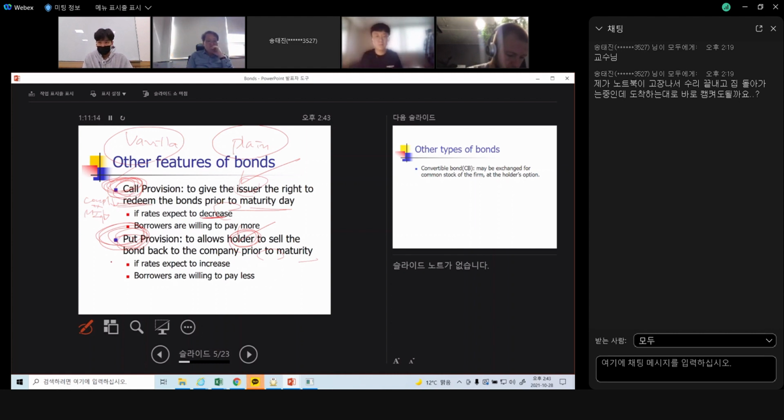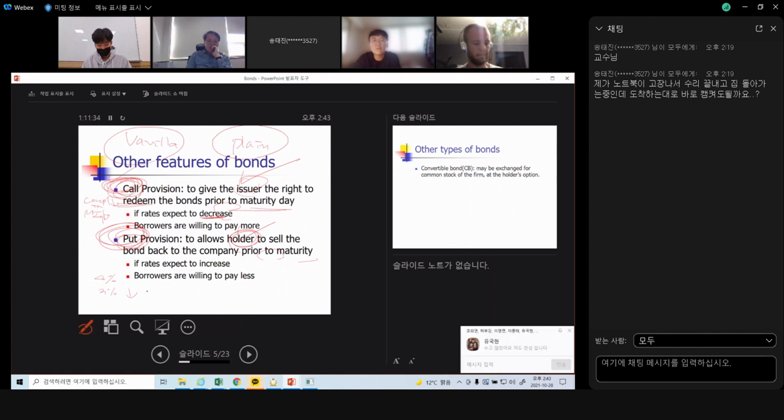So for example, the current market interest rate is 3%, the coupon interest rate is 4%. Then I expect the market interest rate to decrease. I'm the company, the issuer, right? I already issued a 3 years maturity bond.